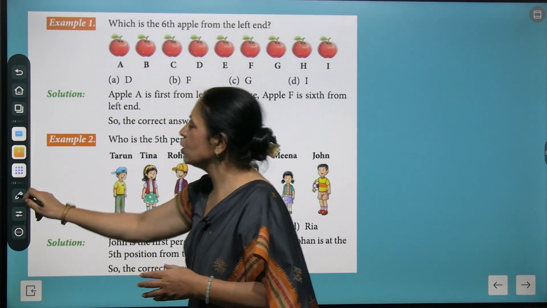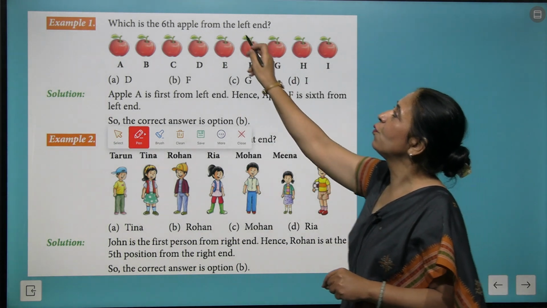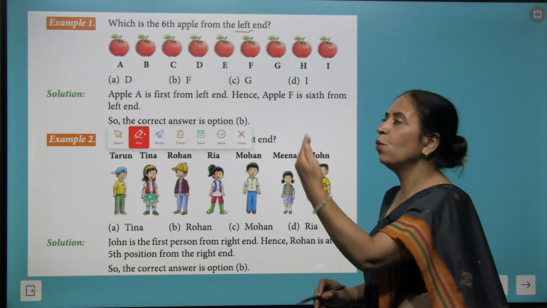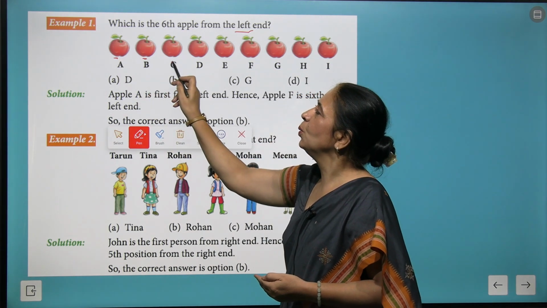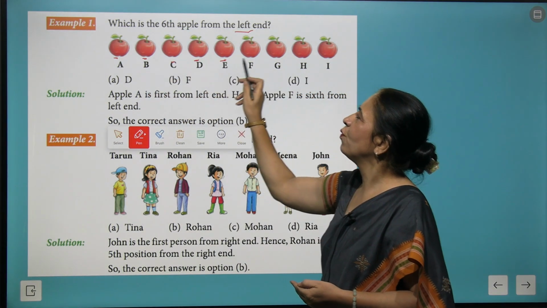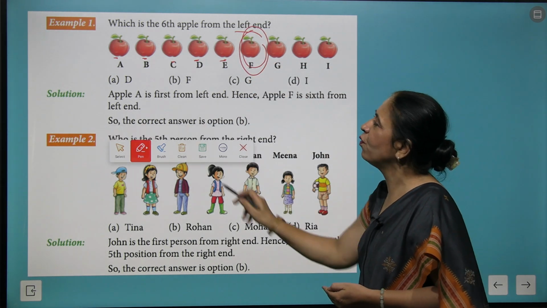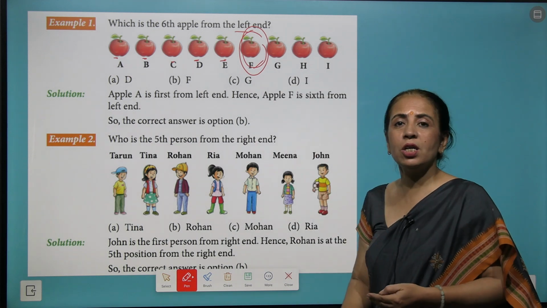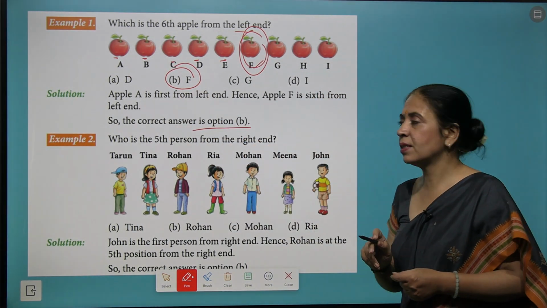So let's read the first one quickly, which is the 6th apple from the left hand. You are moving towards left. We count 1, 2, 3, 4, 5 and we say that F is the 6th position and F means B becomes your right answer.